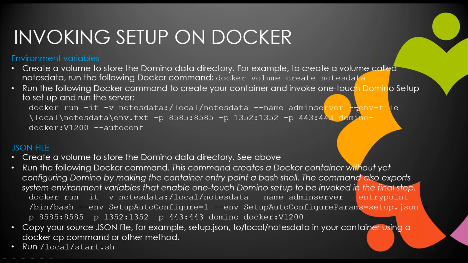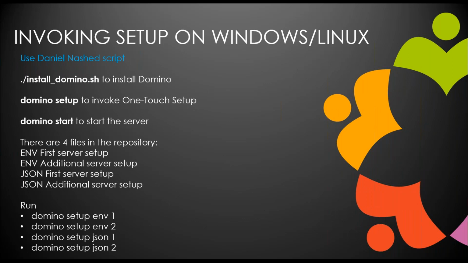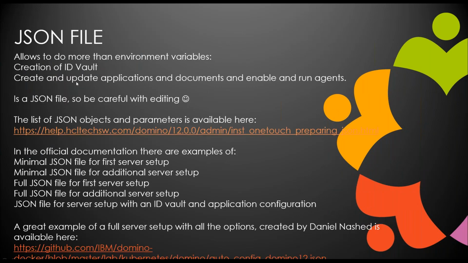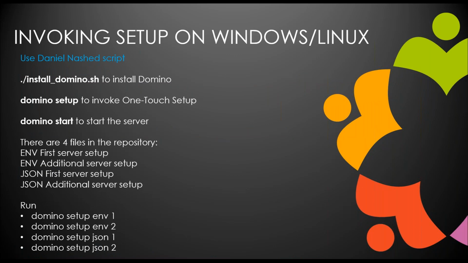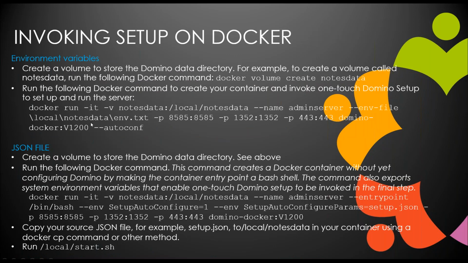You see --env-file, for example, local/nodesdata/env.txt. This is what I was referring to before when I said you write the variables in a text file that is referenced here. So this is the command if you use the environment variables.